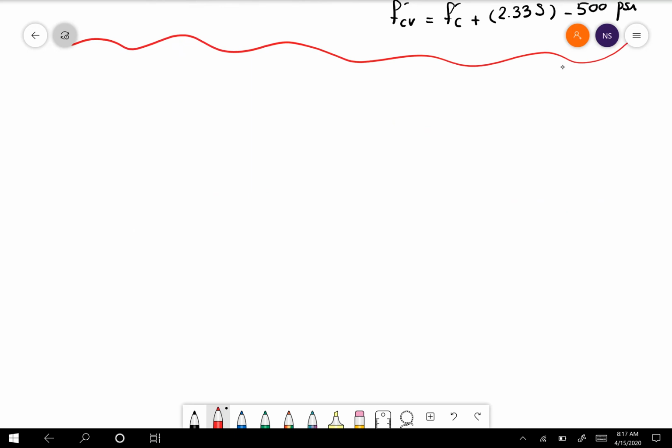Now there are other tables when you have very few samples, for a small number of samples. So there are adjustments for small number of samples.